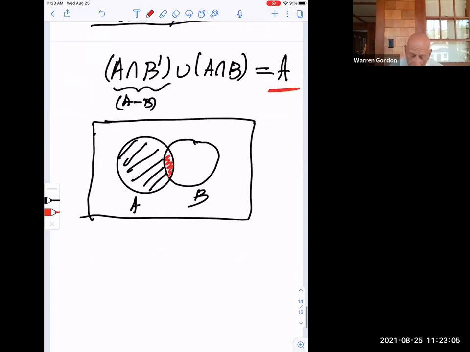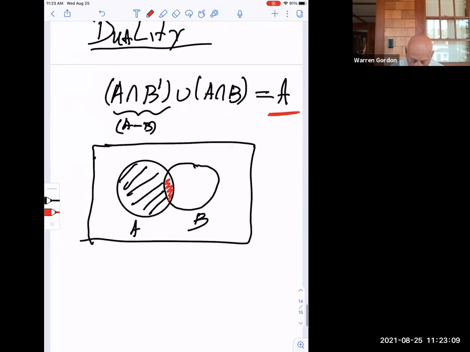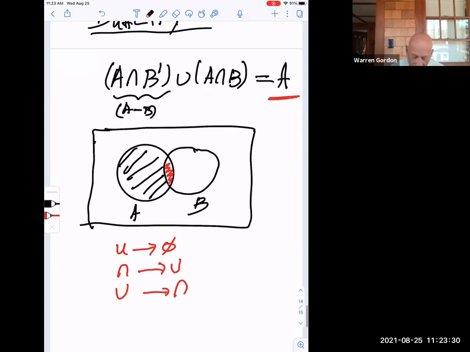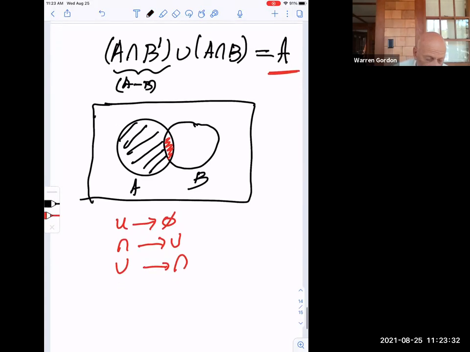Okay, now the principle of duality says the following. You replace the universe with the empty set. You replace intersection with the union, and you replace union with intersection. And if you do this, for example, suppose I did this in the example above.